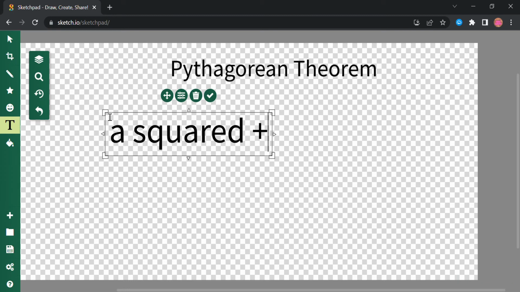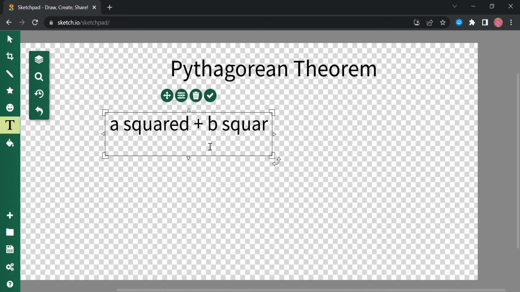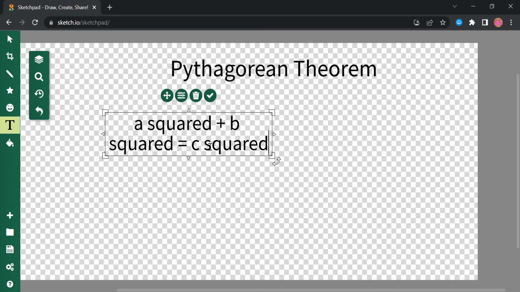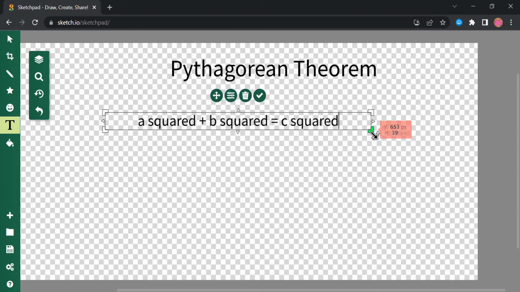Now I'm pretty sure all it works is like a squared plus b squared equals c squared. Now, it would look like this.